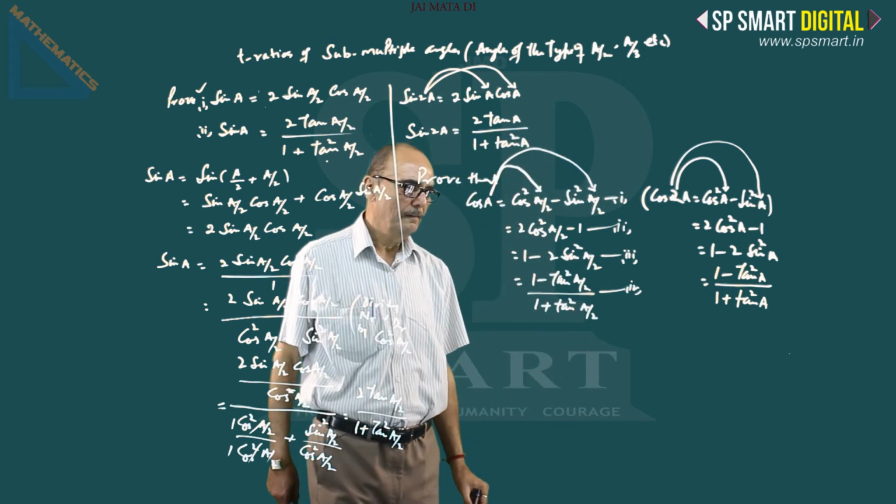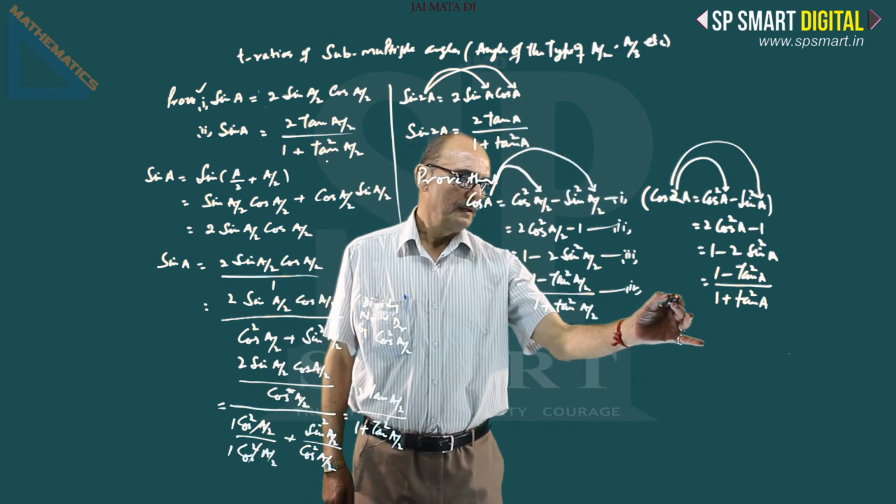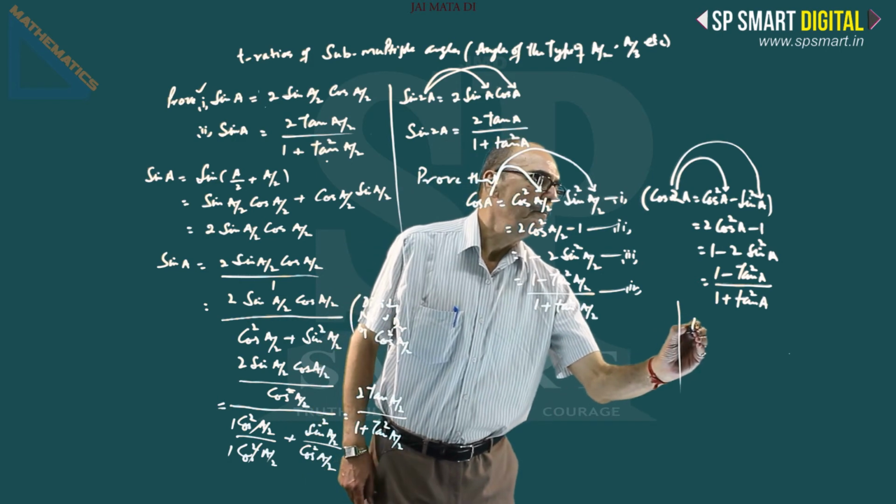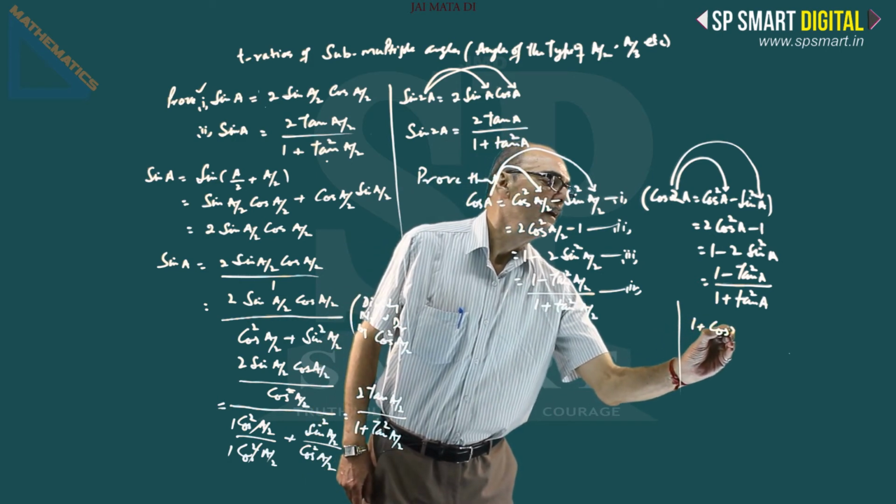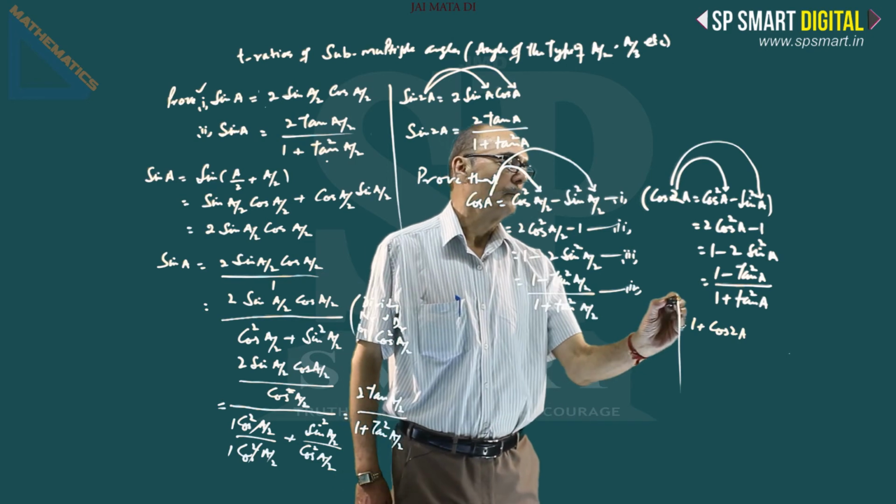Then here we have a similar formula. We have 1 plus cos of 2A. Prove that.